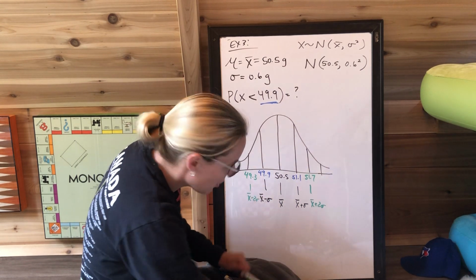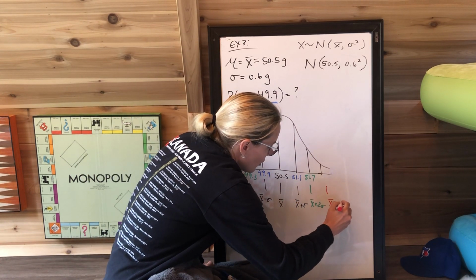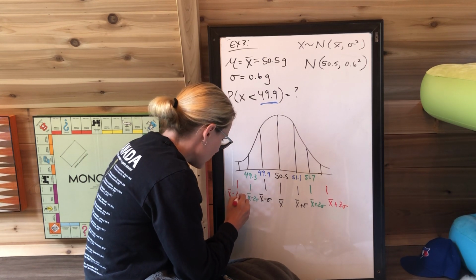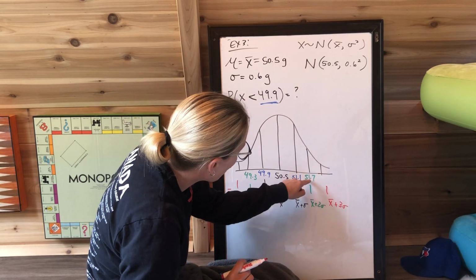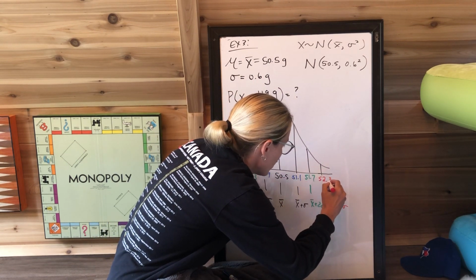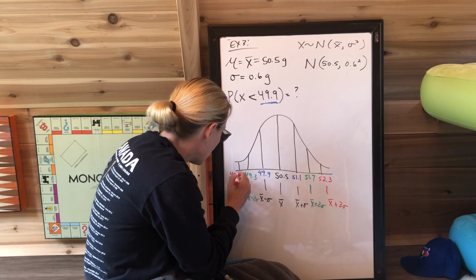The last one is adding the third standard deviation or subtracting the third standard deviation. You add another 0.6 and we get 52.3, and you subtract 0.6 again and you get 48.7.